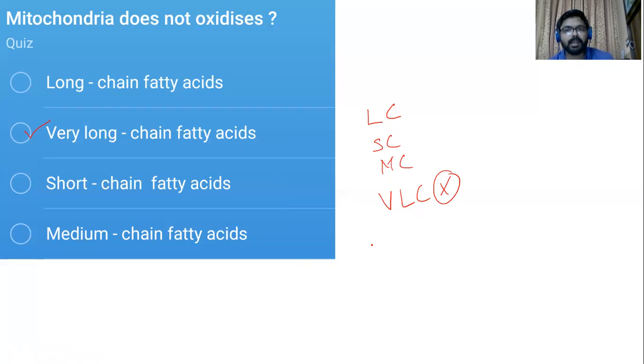Actually, another organelle called peroxisomes oxidizes these very long chain fatty acids.